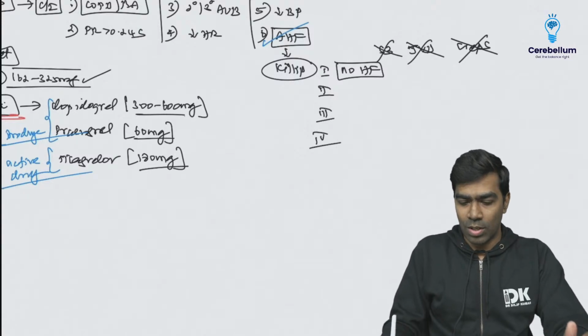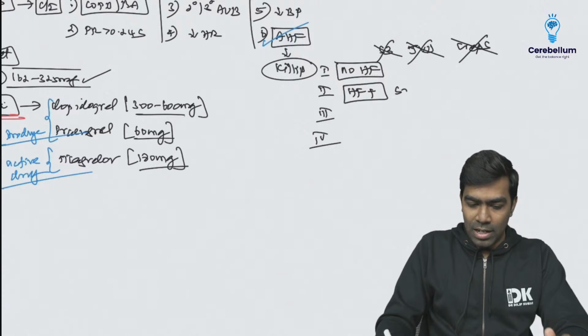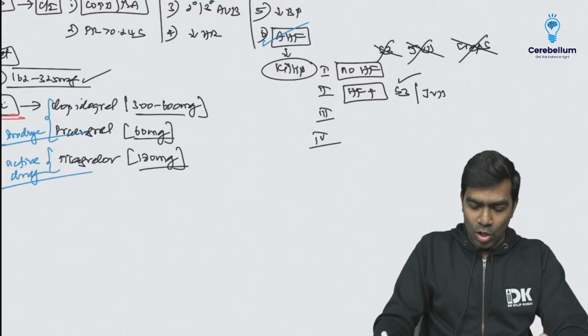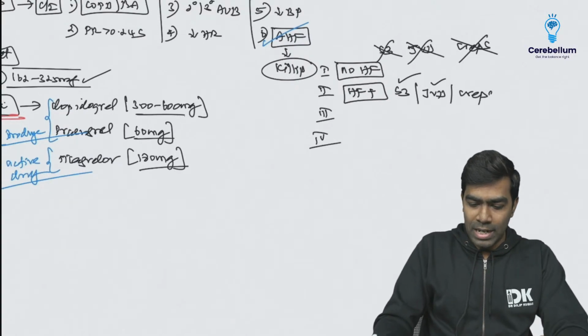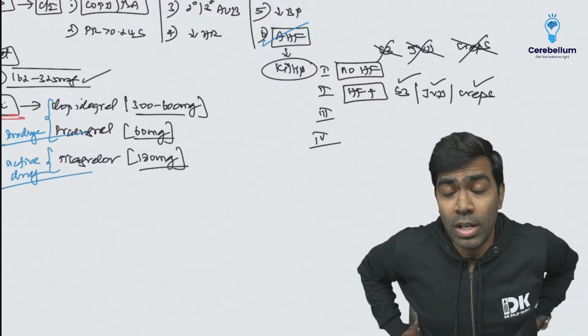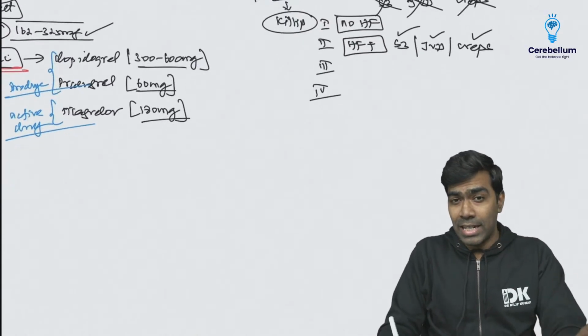What is KILLIP class 2? The patient is having signs of heart failure, like a third heart sound is there. Next, jugular venous distension is also there. Number 3, the patient will also have crepitations, but those crepitations will be limited to the base of the lungs. I'll repeat, it will be limited to the base of the lungs, not the entire lung fields. What about class 3?